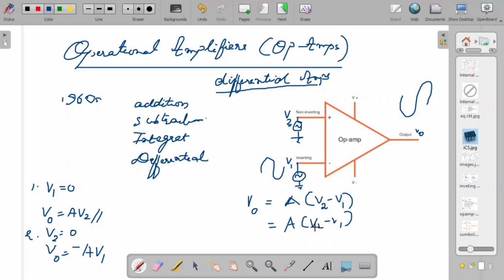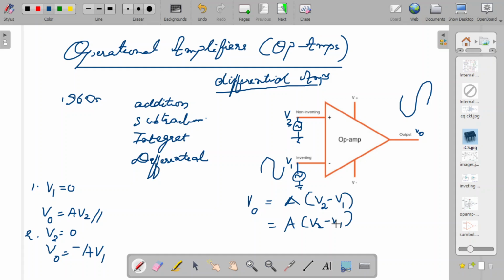That is, if V2 is high, then the output will be positive, or it will be in the same phase as that of V2. But if V1 is high, the output will be in opposite phase. Depending upon the values of V2 and V1, you will get the output voltage as positive or negative. So the polarity of the output voltage will change depending upon the value of V2 or V1.